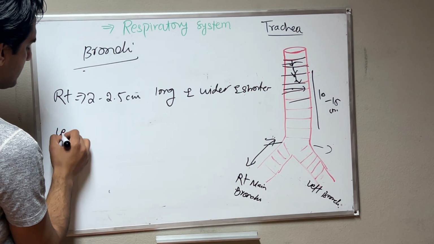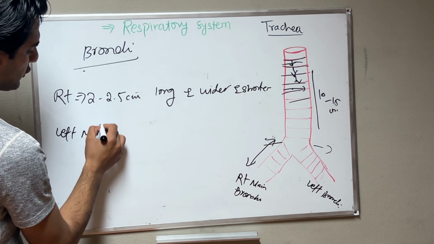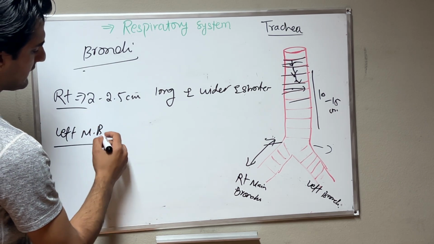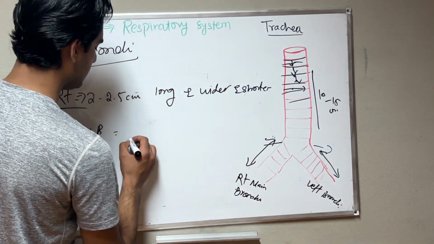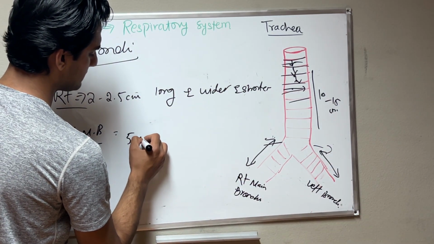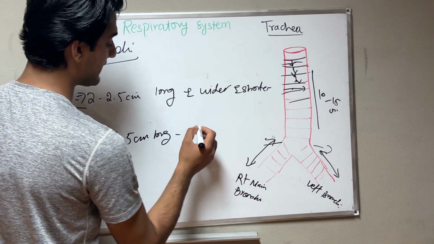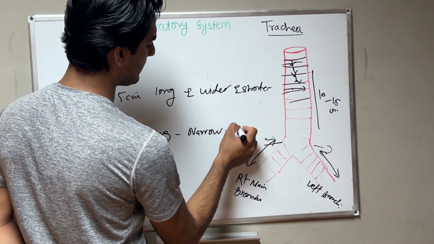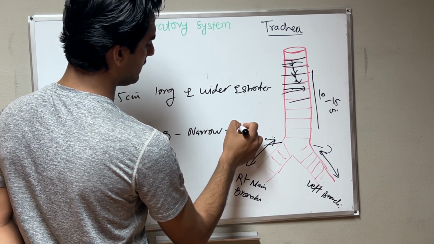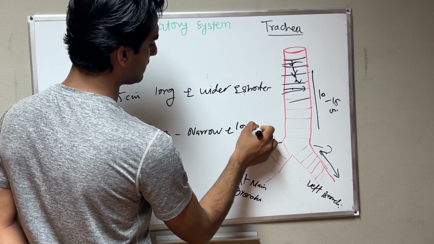If you talk about the left main bronchus, it is a little bit long in length. It's 5 centimeter long, but narrow and longer in length.